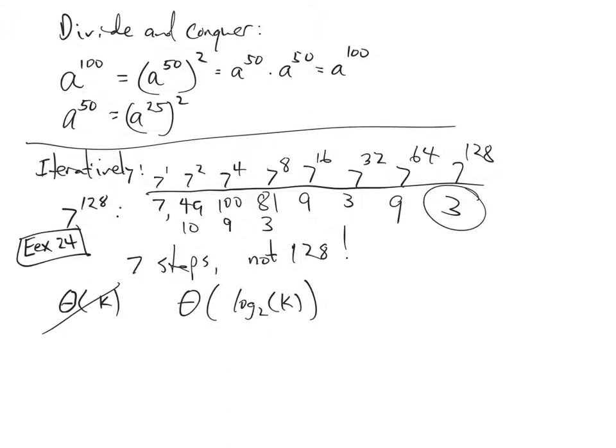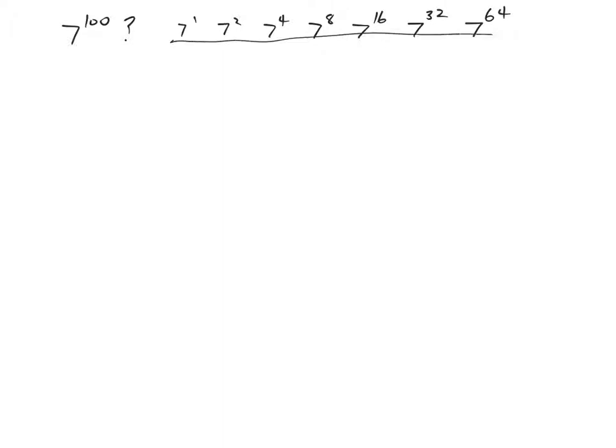Okay, so there's one last concept for this little video: how would you do 7 to the 100? The answer is you would remember all the powers, 7 to the 1, 7 to the 2, 7 to the 4, 7 to the 8, 7 to the 16, 7 to the 32, and 7 to the 64. All the powers up to the point where you need them. And I've, of course, forgotten them, so I'll just quickly do it.